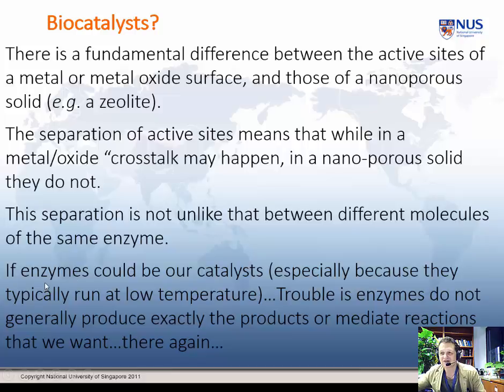So why don't we take this a stage further and think about using enzymes as our catalysts.